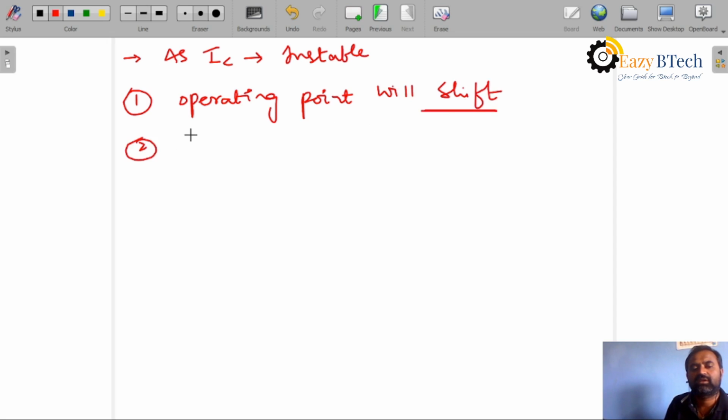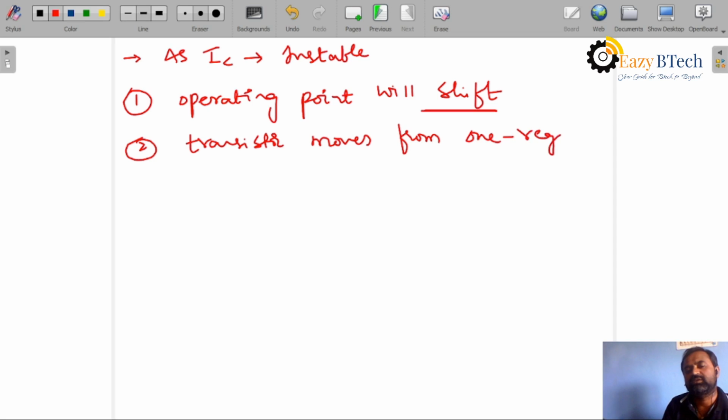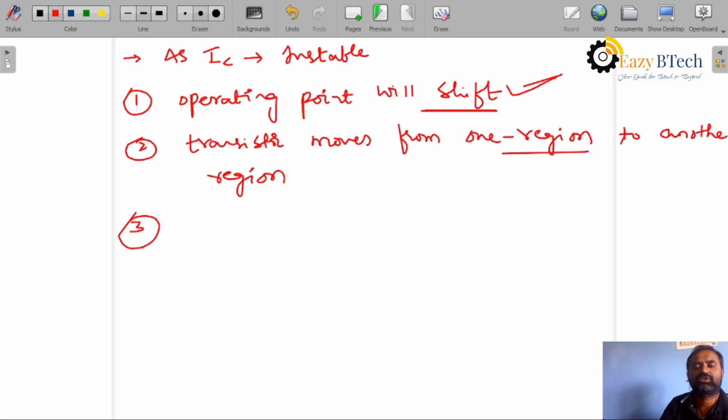Next, the transistor moves from one region to another region.